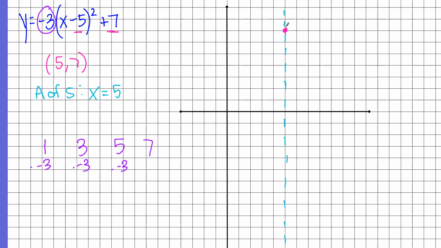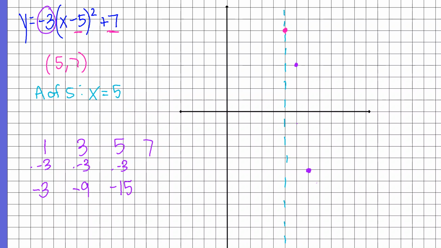So starting from the first point, we'll start by going down 3, and then down 9, and I don't think we'll have enough space, but we would go down 15. So here's my vertex. I'm going to go down 3 and 1 to the right. Here's another point. And then I'm going to go down 1, 2, 3, 4, 5, 6, 7, 8, 9, and 1 over to the right, and there's another point. And the next one would be to go down 15, so that is not going to fit on my graph.